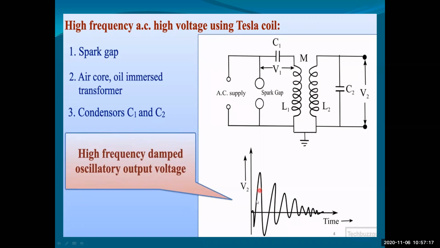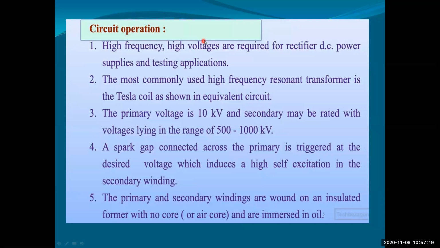High frequency, high voltage is required for rectifier DC power supplies and testing applications. The most commonly used high frequency resonant transformer is the Tesla coil, shown in the equivalent circuit. The primary voltage is only 10 kilovolts, but the output voltage on the secondary side is 500 kilovolts to 1000 kilovolts.